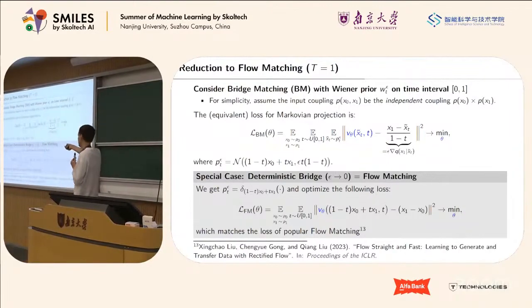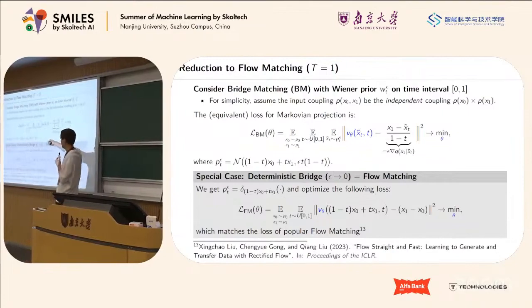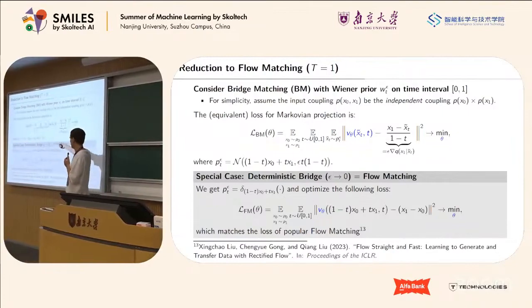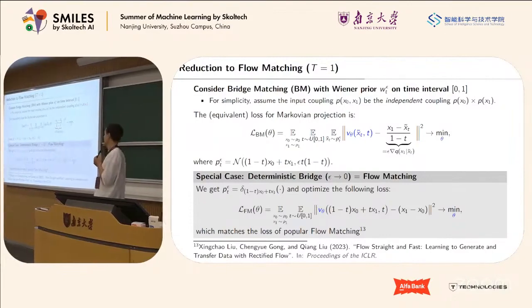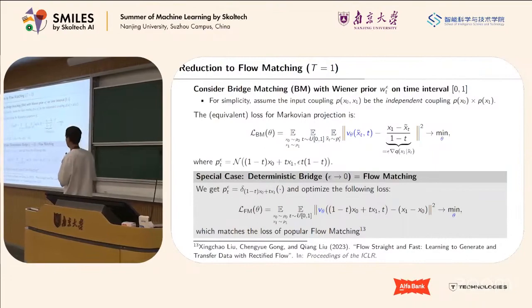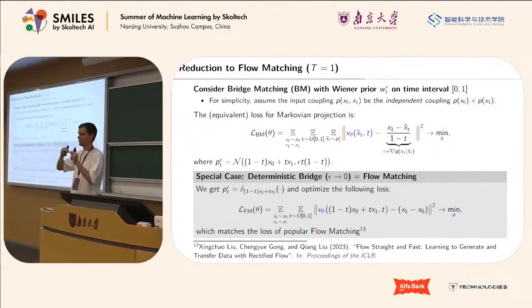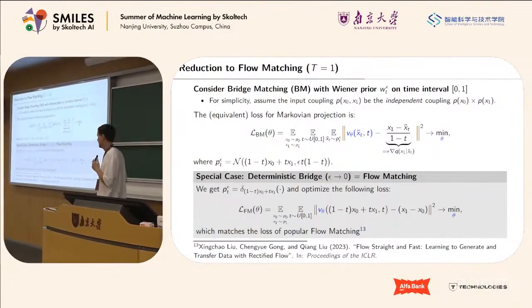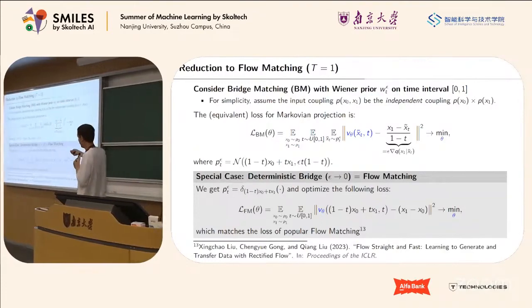Our objective will look as follows. We sample an input point, we sample a target point independently, we sample a random time moment, and we sample a point from our bridge process at this random time moment. For the Wiener process, the Wiener bridge, sometimes called the Brownian bridge, has a closed form expression, and its marginal distribution from which we need to sample is this.